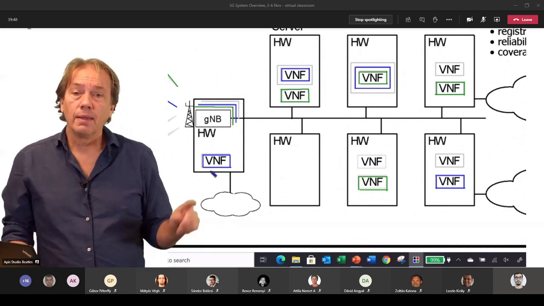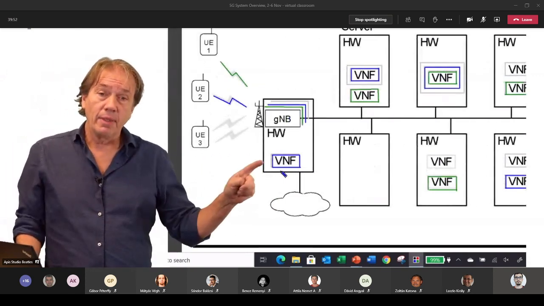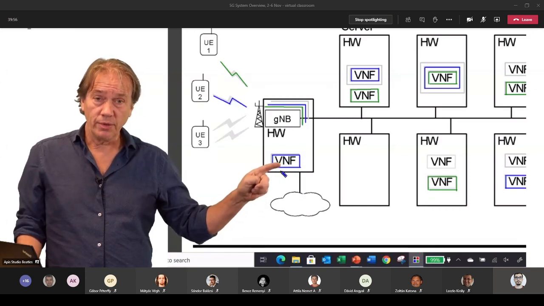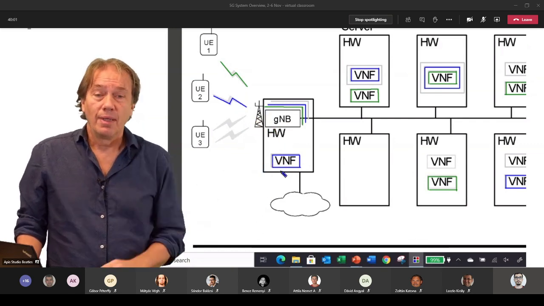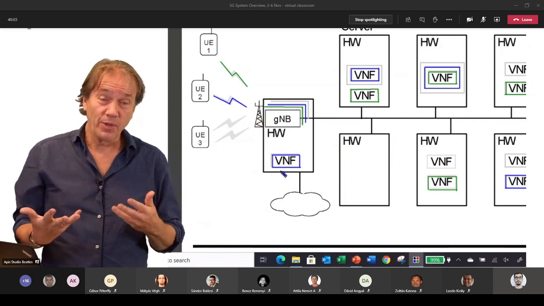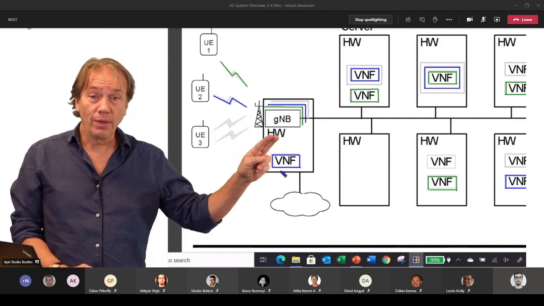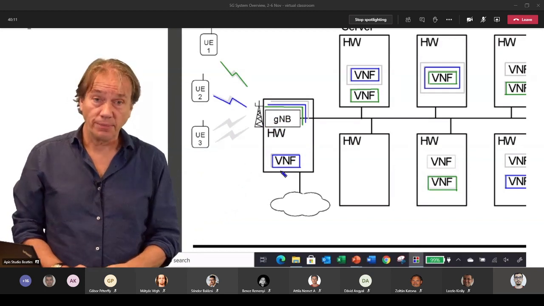My idea is that this is a UPF, a user plane function, which is maybe even co-located or co-implemented on the same hardware, on the same server that we use for the gNodeB.